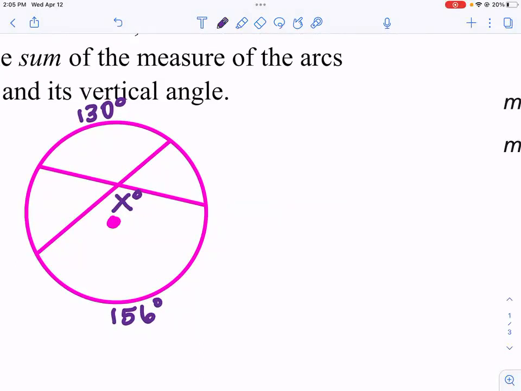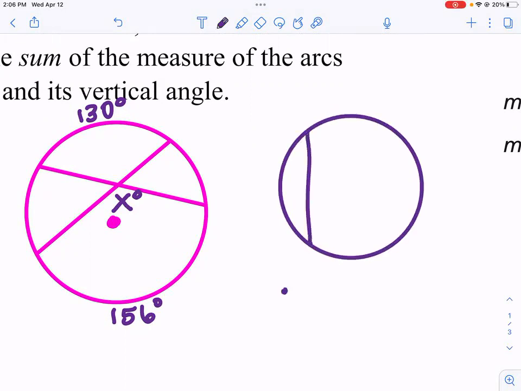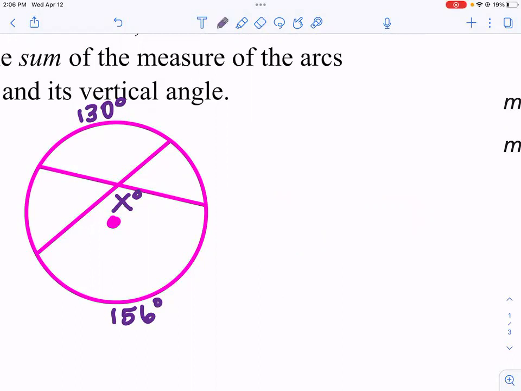Just draw this picture. It's because our vertex isn't on the circle. Like yesterday, we said it was half when it looked like this and our vertex was on the circle. And if our angle is a central angle, then it's the same.